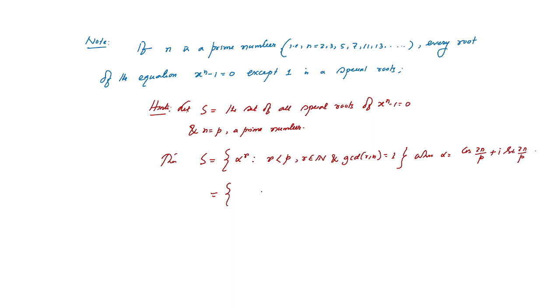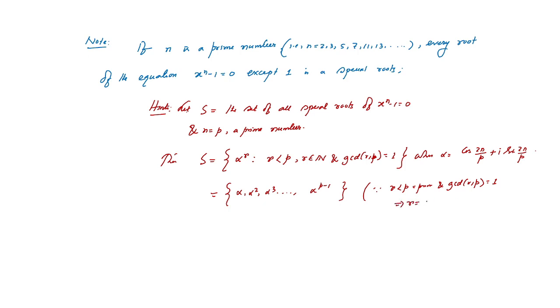So that means here it will be alpha, alpha square, alpha cube, up to alpha to the power p minus 1. That will be the possibility. Since r is less than p, p is prime, and GCD of r and p is 1, what are the possibilities of r?